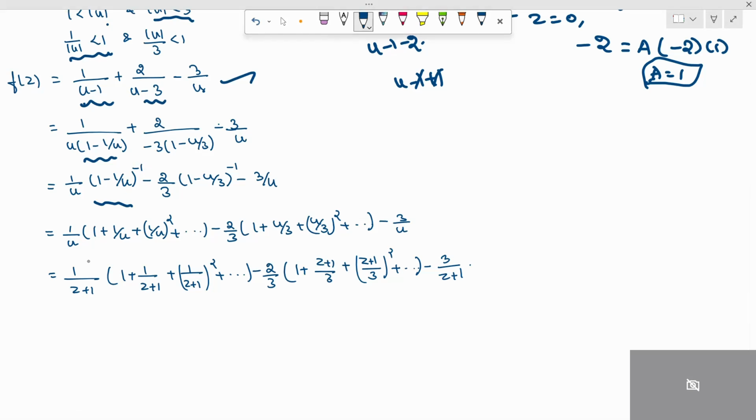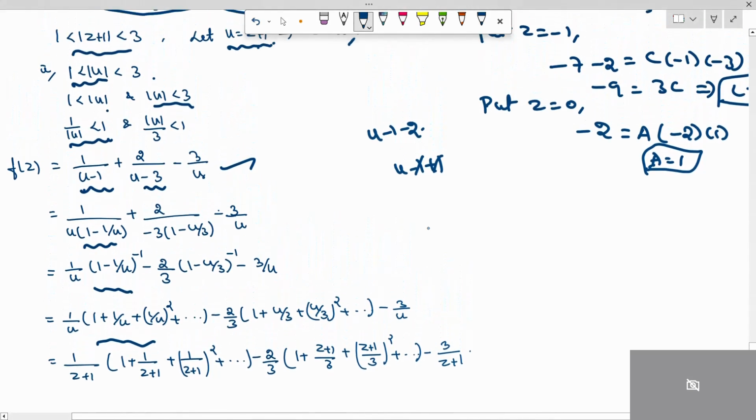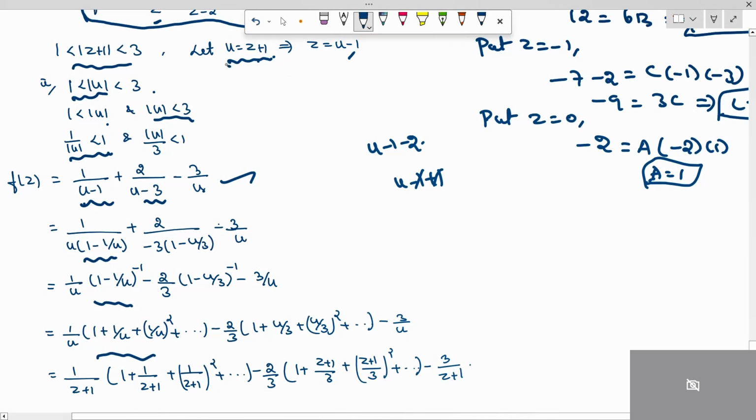Then apply here: 1 plus 1 by u plus 1 by u whole square plus etc., minus 2 by 3 into 1 plus u by 3 plus u by 3 whole square plus etc., minus 3 by u. Now we are going to replace u by z plus 1 in the final answer.